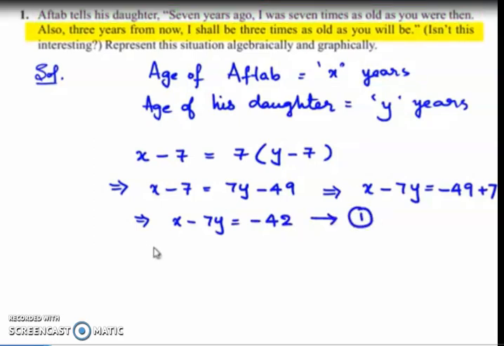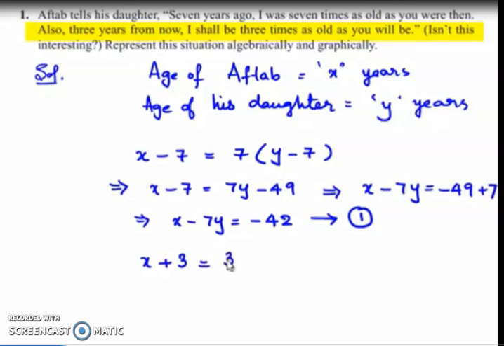We are learning pair of linear equations, so one equation is formed. Now I have to proceed for the second equation. So I have to check the second condition given, that is 3 years from now I shall be 3 times as old as.